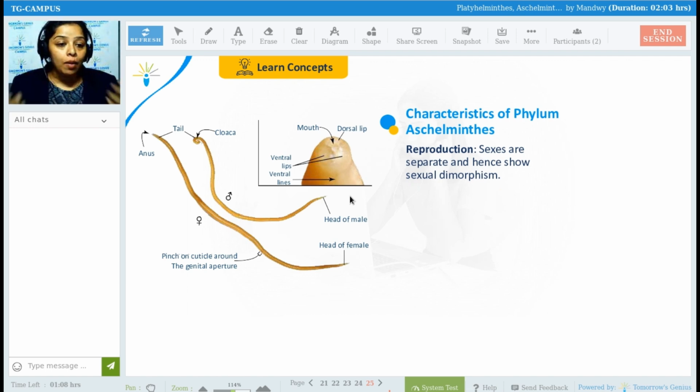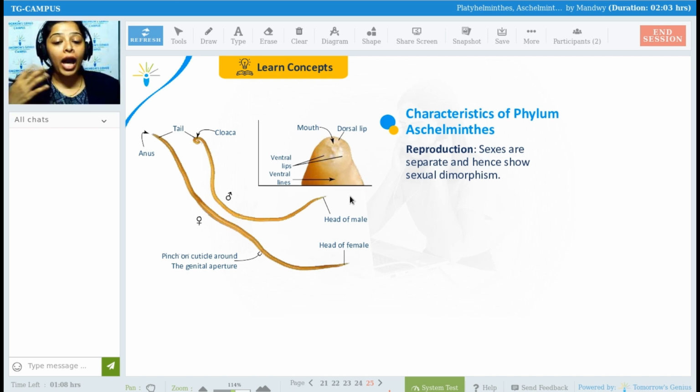For example, in humans, male looks completely different, female looks completely different, right? And from the morphology itself, we can identify which human is male, which human is female, right? The same way, we can identify which one is male and which one is female in Aschelminthes.